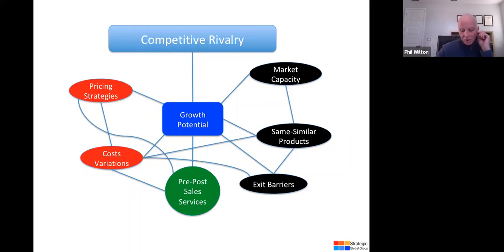And they're things that you've got to be aware of. If you can't, then you're going to be looking at exit barriers. And maybe those exit barriers don't allow you to exit because you've spent too much money in there, and it may force you to survive against that product or similar product that's now giving you competition.